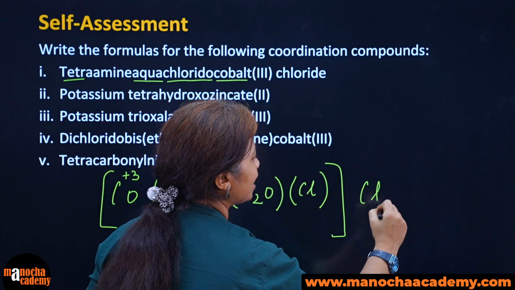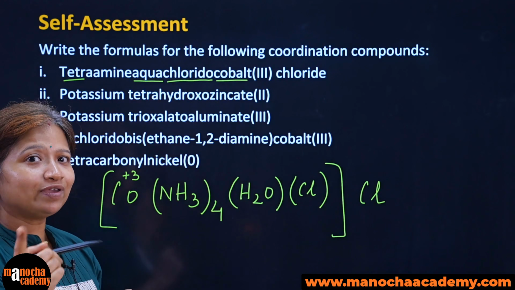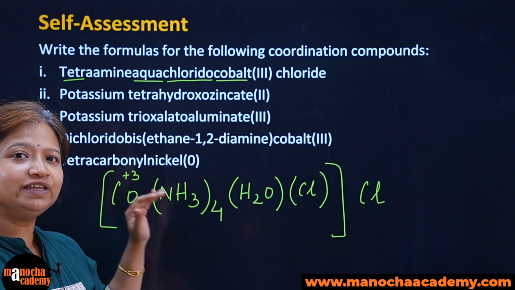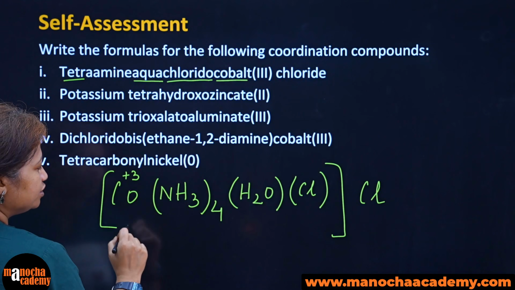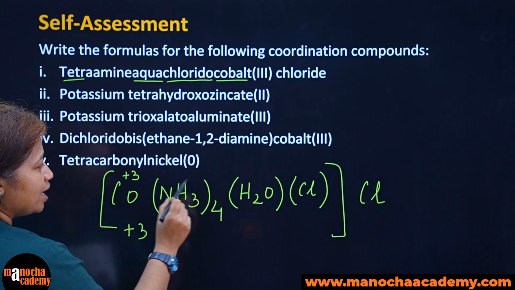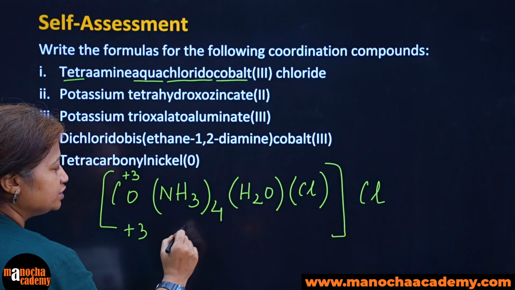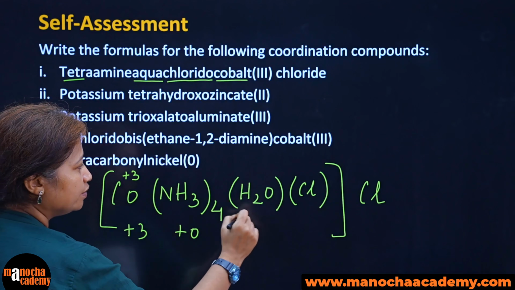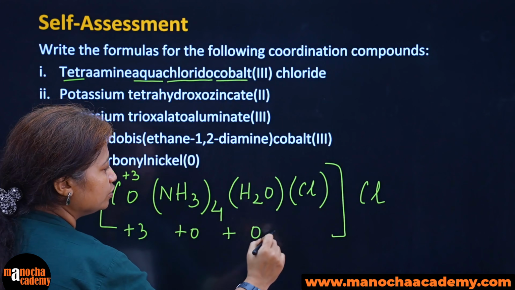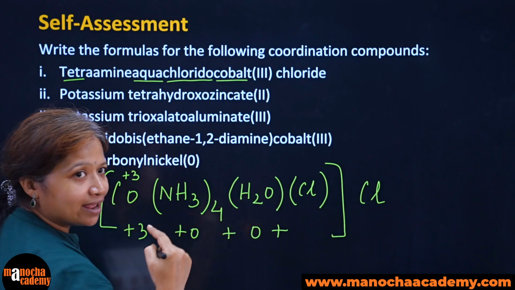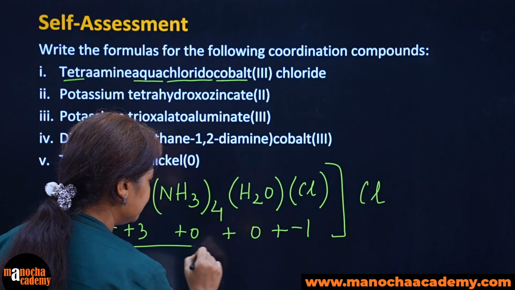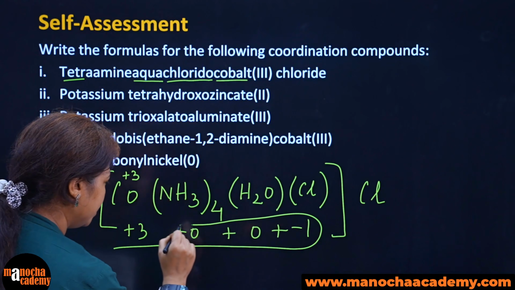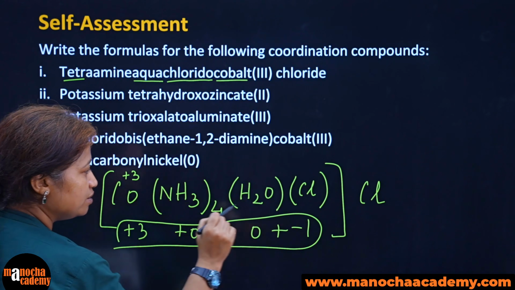Chloride means outside chloride Cl. But how many Cl, I told you we have to find out. How do we find out? You will do with the example. Look here. Now, this charge is +3. Ammonia is neutral, so this is 0. Water is also neutral, so it is 0. Cl we know is anionic ligand with -1 charge, so it is -1. So now what is the total charge we get from here? +3 -1.